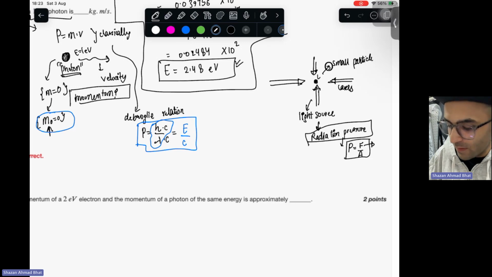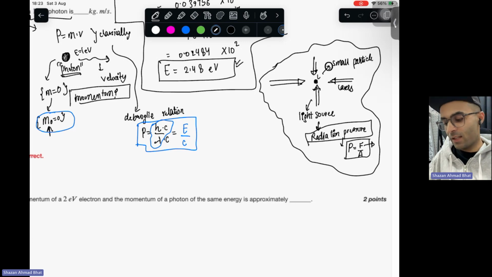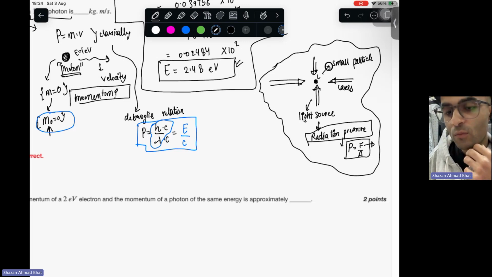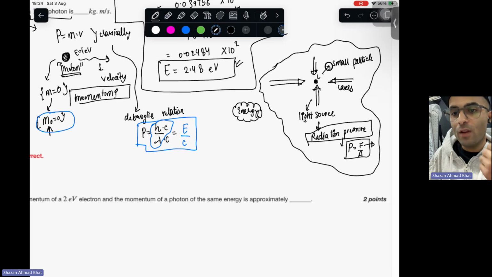And this is a very hot application nowadays, and a research area. The simplest explanation, what I'm trying to make you understand, is that the photon possesses momentum despite not possessing mass because the photon possesses energy, and there is an energy-mass equivalence relation. You can convert mass into energy, and energy into mass.